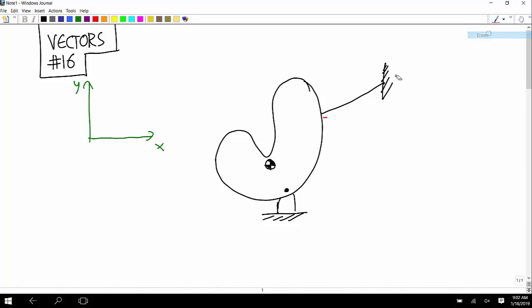It doesn't look like that right now, so I'll change that. Okay, 45 degrees. It attaches to the body at 0.6, 0.4, and it has a length of 0.5 meters.